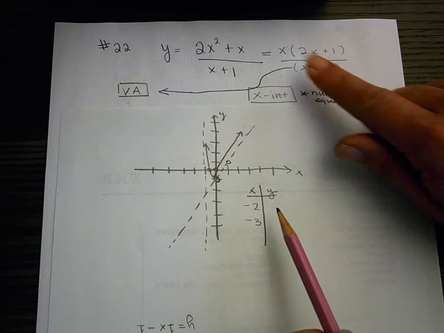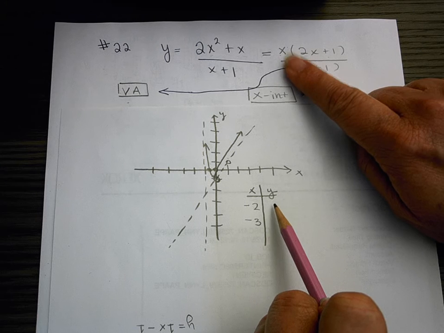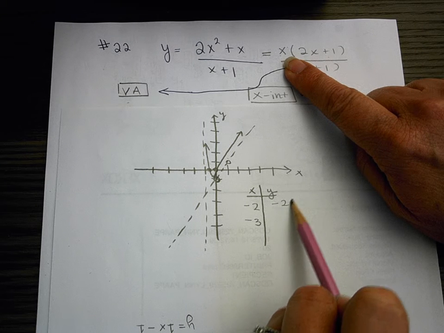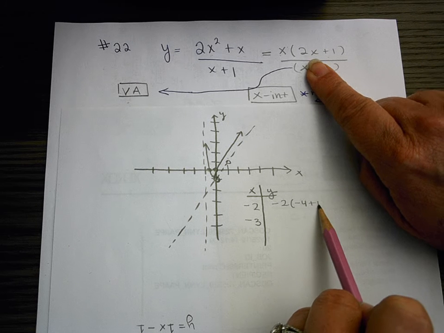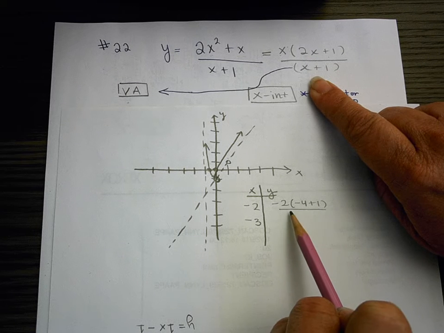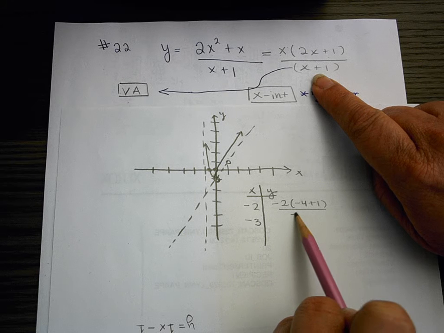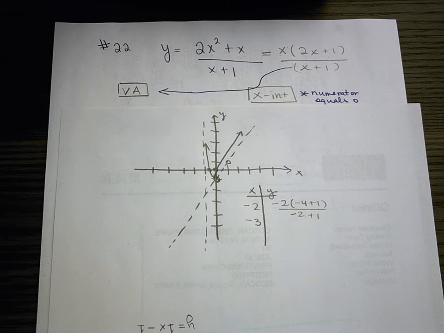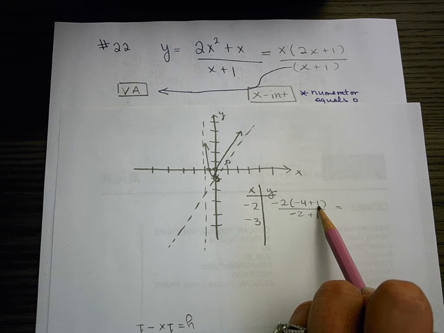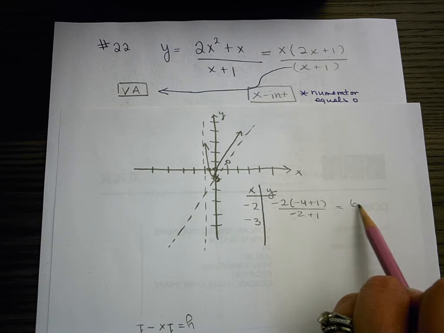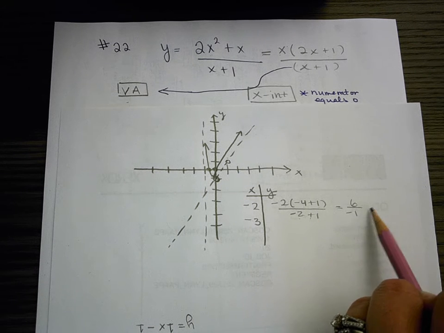So I'm going to replace x with -2, so I'm looking up here. And then 2 times -2 is -4, and then -2 plus 1. And then just do that arithmetic. So that will give me -3 times -2 is +6 over -2 plus -1 is -1.